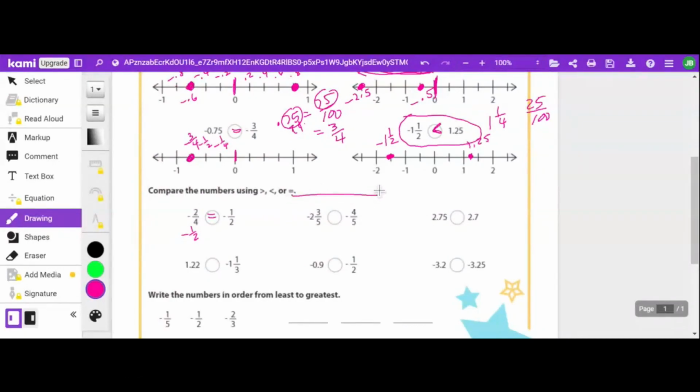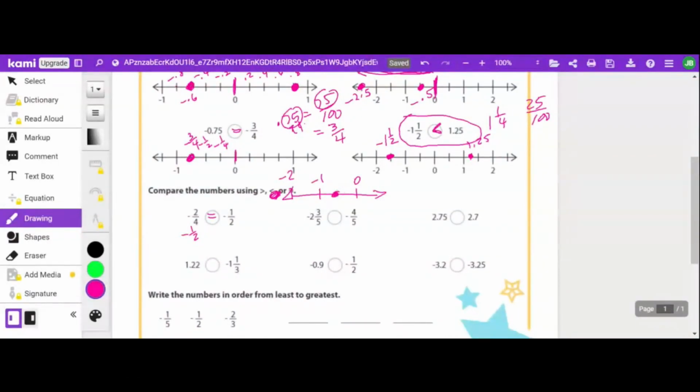Okay, so think about a number line. And we have 0 right here, and here's negative 1. Negative 2 would be right here. So negative 2 3/5 is going to be way out here. Negative 4/5 is not even all the way to negative 1 yet. It's right in here.